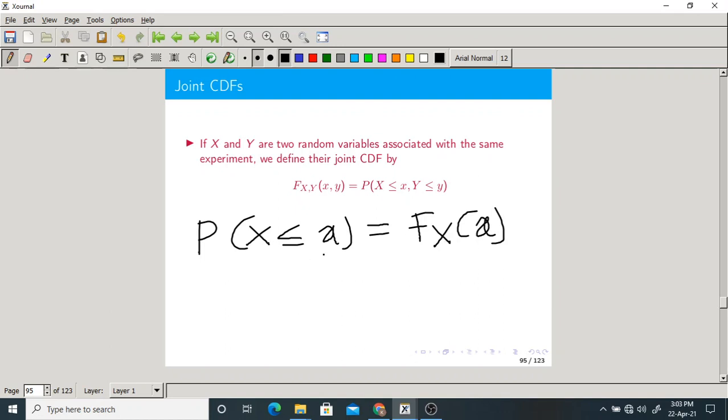Joint means it is associated with two continuous random variables x and y. The probability that X is less than or equal to x and Y is less than or equal to y is the joint CDF. We are extending the idea to two random variables.